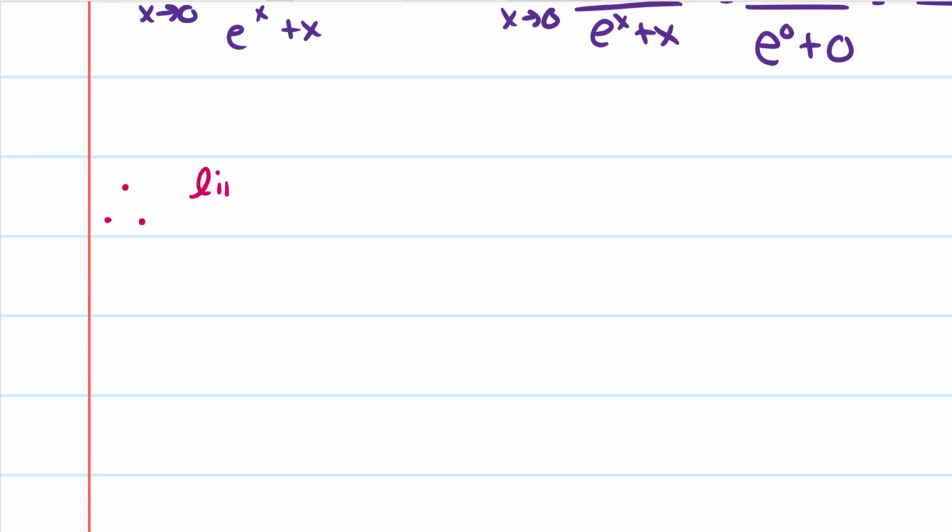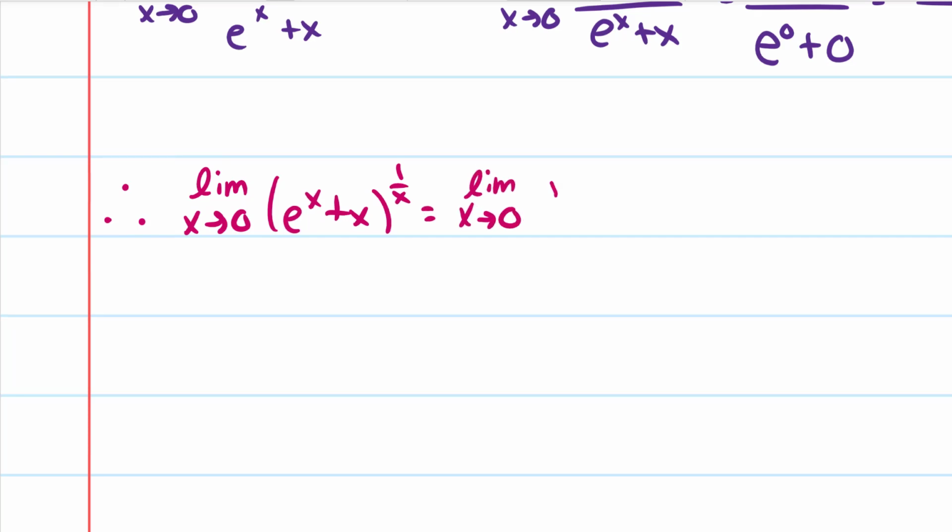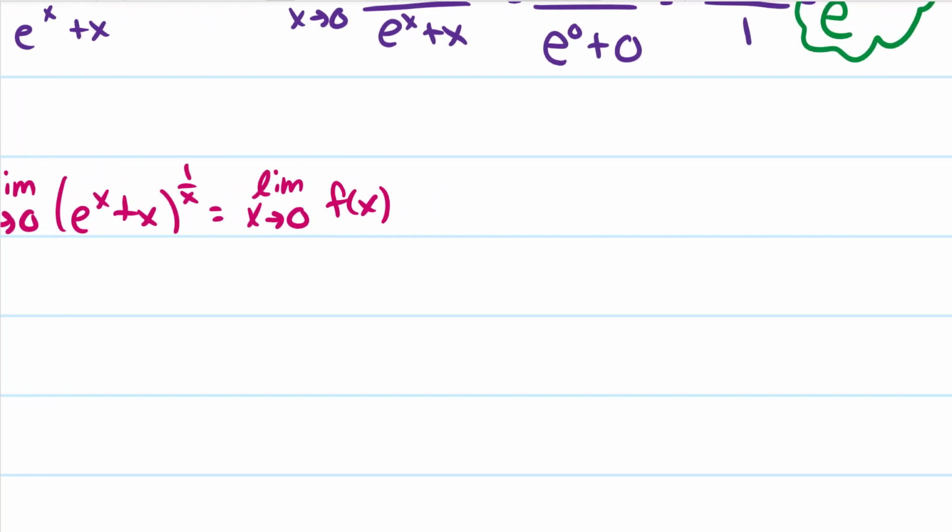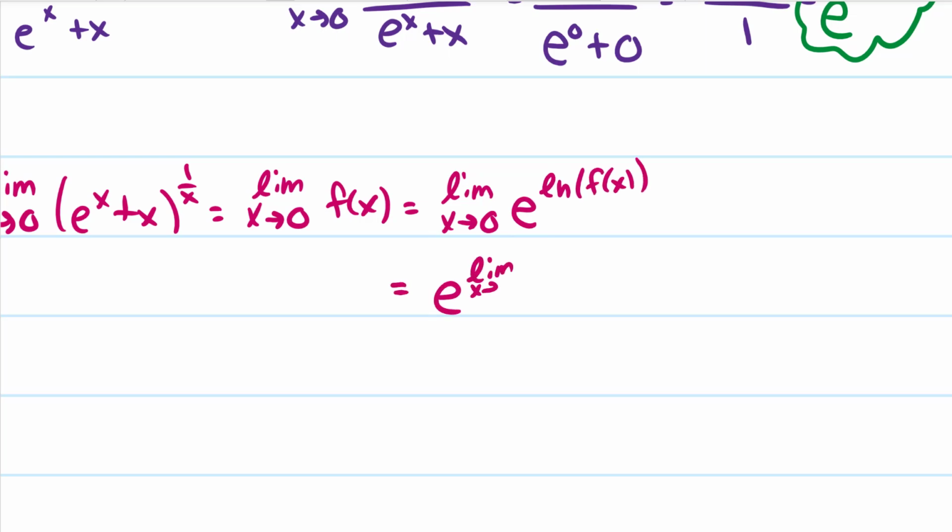The limit as x approaches 0 of (e^x + x)^(1/x) is equal to the limit as x approaches 0 of f(x), which is equal to the limit as x approaches 0 of e^(ln f(x)), which is equal to e to the limit as x approaches 0 of ln of f(x). And we showed that the limit of ln of f(x) is just 2. So our answer is e squared.